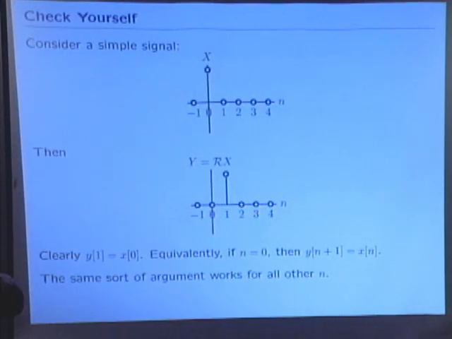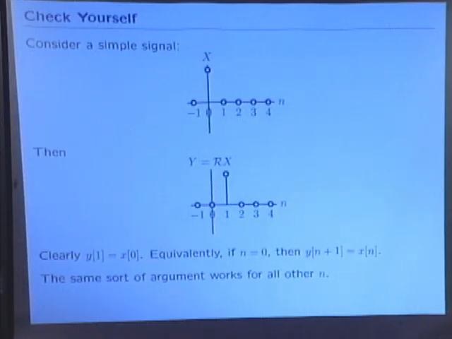One easy way to think about it is by example. Examples can't prove that something's true, but they can quickly prove that something's false. So if you think about the simplest possible signal, say a unit sample, if you applied R to that, it would shift it to the right.